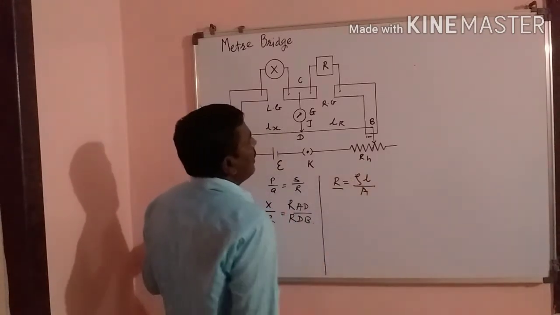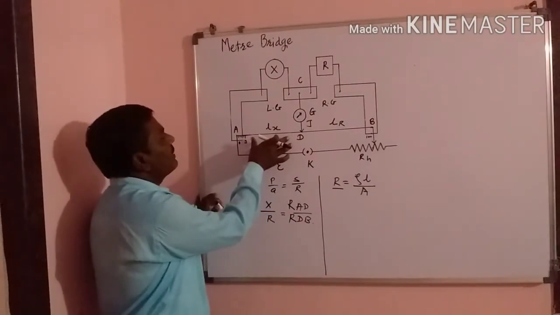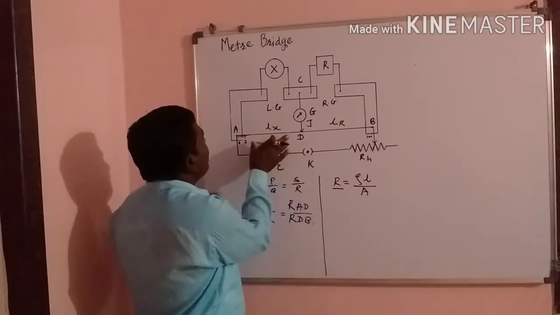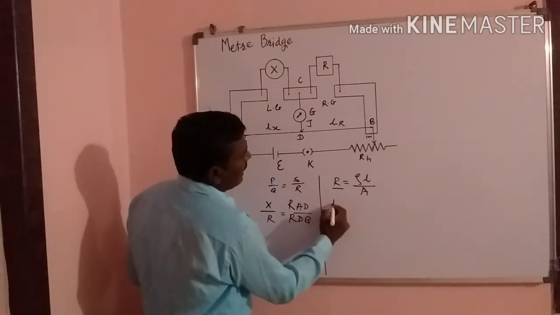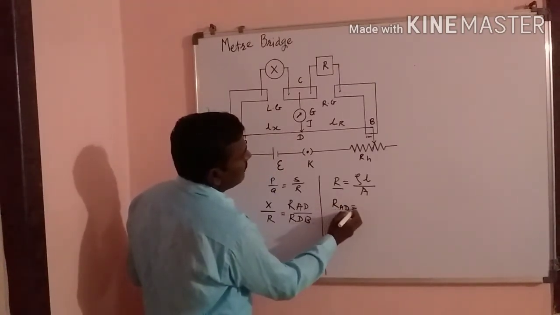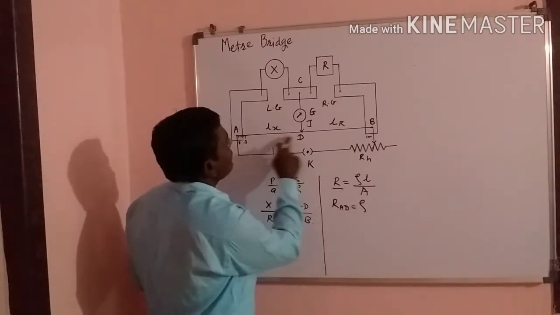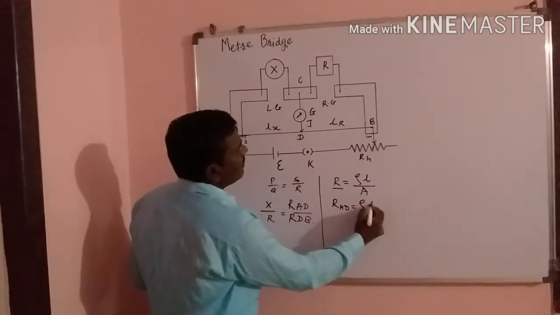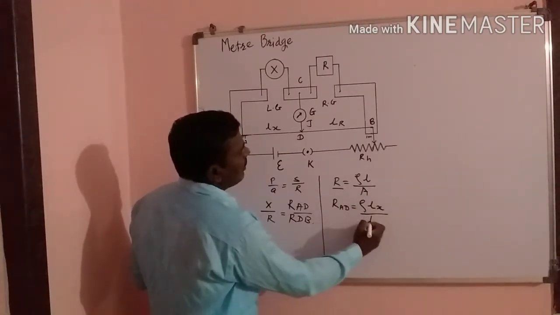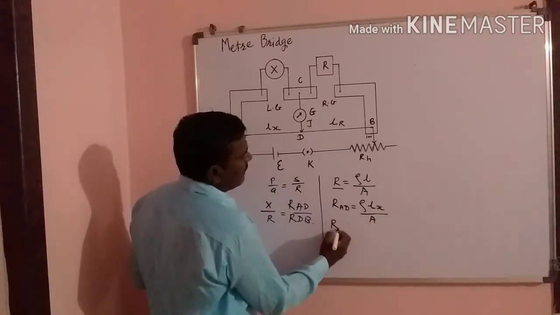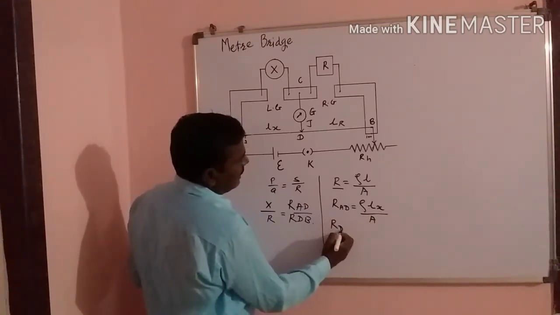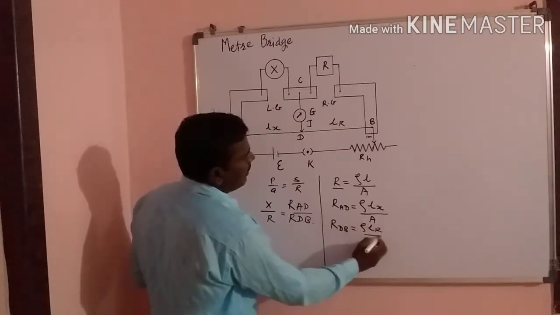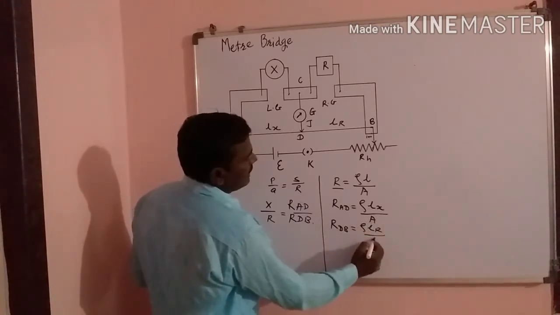Applying this formula here, the resistance of the wire AD is R_AD equal to rho Lx upon A, where rho is the specific resistance of the wire, which is uniform everywhere, Lx is the length and A is the area of cross section. Again, the resistance of DB is rho Lr upon A.